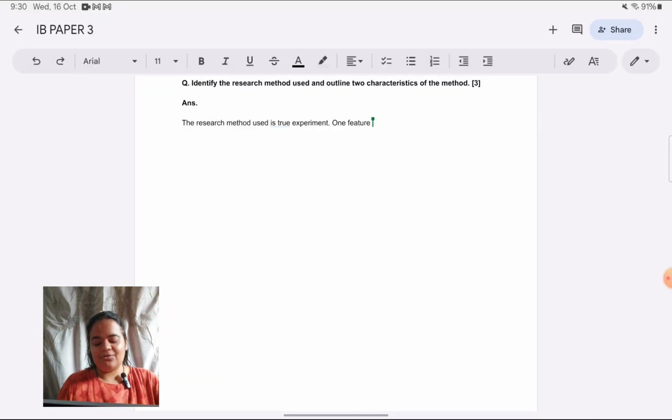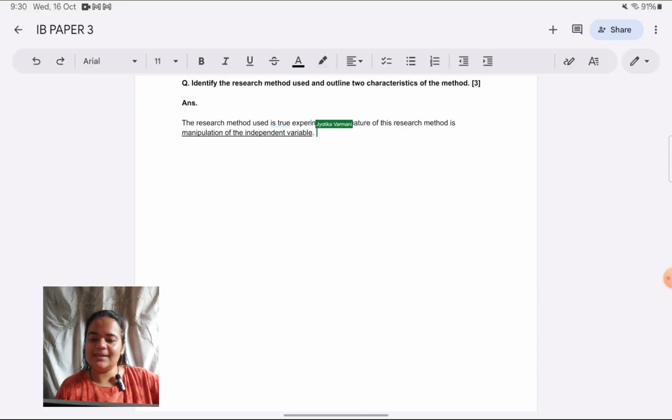One feature of this research method is manipulation of the independent variable. To contextualize this point, I would just say in this study, the manipulation is of what type of reading participants have done, screen reading or paper reading.